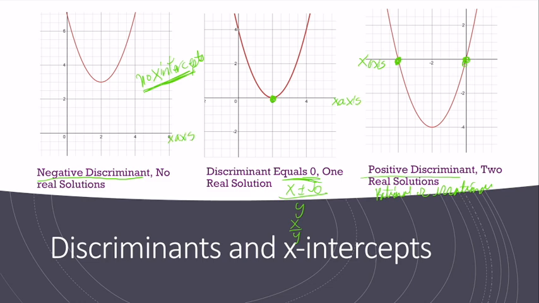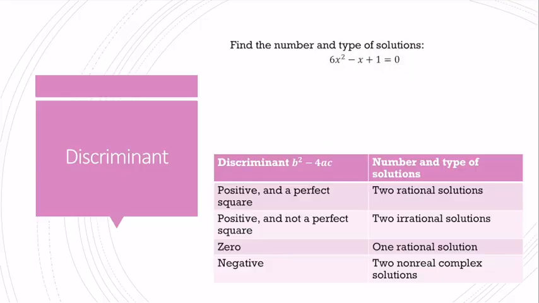So let's take a look at a few discriminants and see the types of solutions that they have. So for this first example, we aren't solving it. What we're doing is using the discriminant to determine the number and type of solutions. So I still need my ABC. A is 6, B is -1, and C is +1.